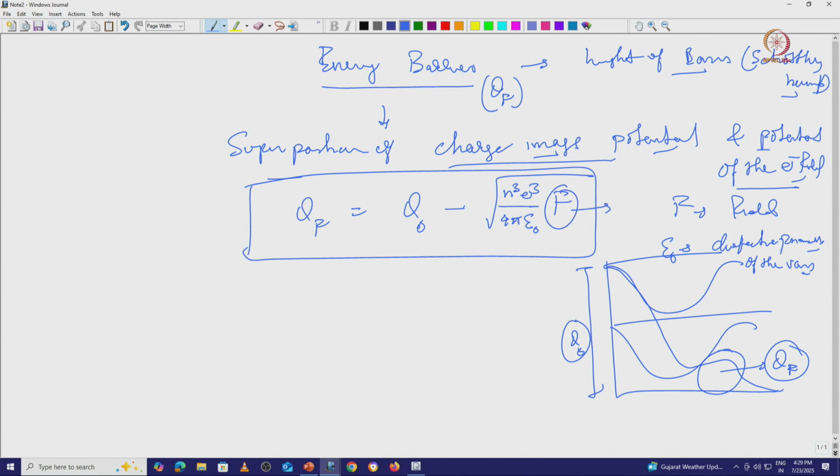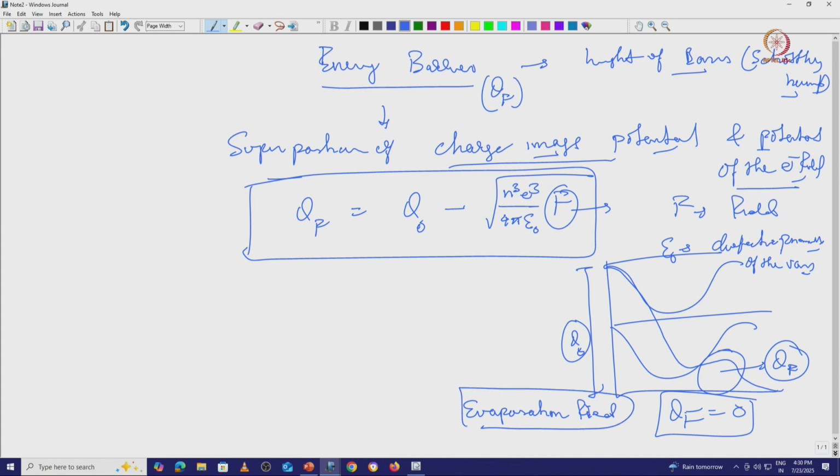It is a function of the electric field, which means you can increase the electric field such that theta f equals 0. The energy barrier is 0. When the energy barrier is 0, that particular field is called the evaporation field of that particular element or needle.